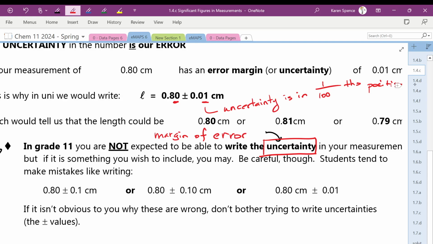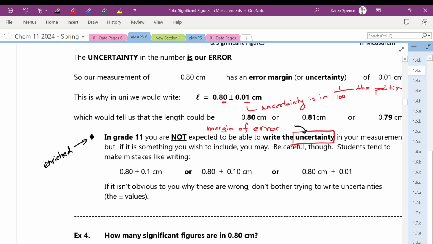And if you want to, when you're recording your measurements, you can also record the uncertainty. Okay? And all you do is you say plus or minus 1 of whatever your uncertain digit is. So if my measurement was 7 centimeters, I could say that it is plus or minus 1 centimeter.